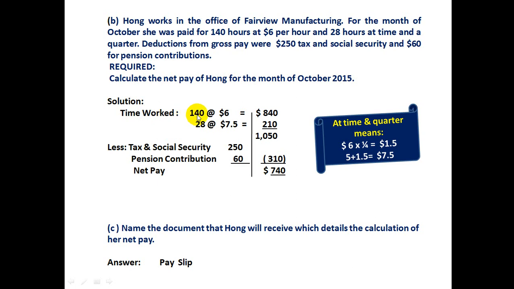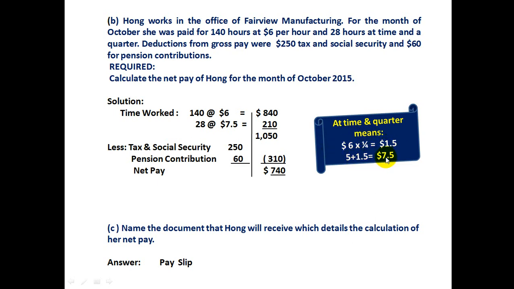We saw she had worked for 140 hours at $6 per hour. So her pay for this particular duration is $840. Then she worked for extra 28 hours and for those extra 28 hours she is paid at time and a quarter. Time means the original salary plus a quarter. A quarter of this $6 becomes 1.5.